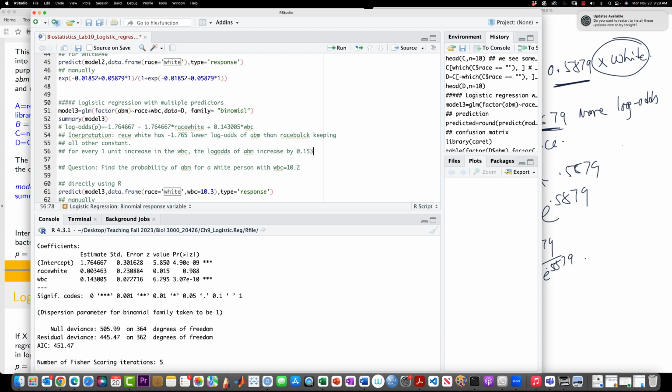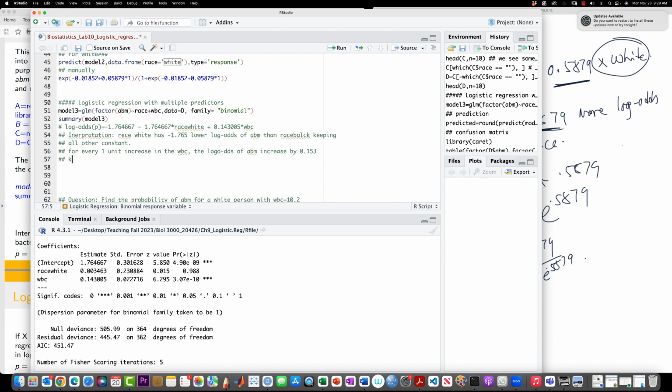So this is the interpretation. This interpretation is based on log odds. Did you see that? These interpretations are based on log odds. By the way, keeping all others constant, you cannot forget that. Okay, so that's how we can interpret in terms of the log odds.